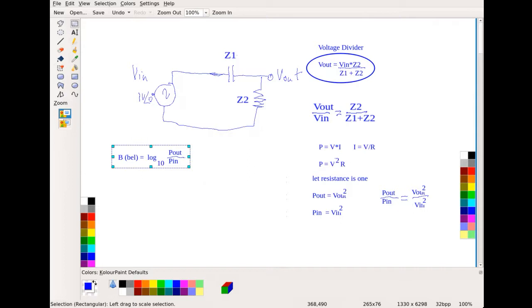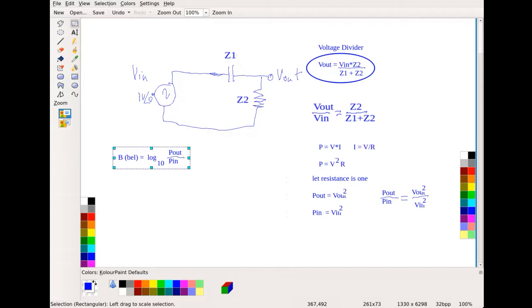Okay, so if you assume, like what I gave you up here, that the input voltage is 1 volt as your reference, then since power in is Vin squared, but Vin squared is just 1 volt, you're basically just getting whatever your power out is, okay? But this is the definition of a bell, which is why they go through a review of logarithms at the beginning of the class here.